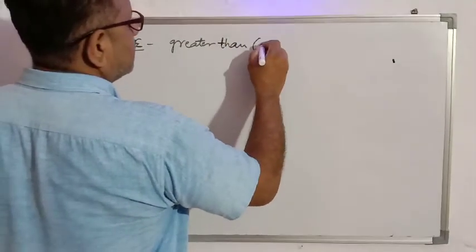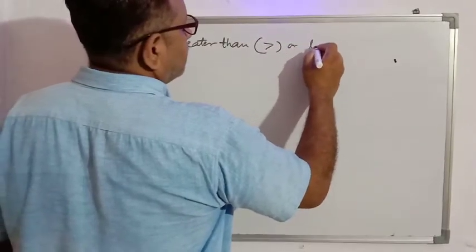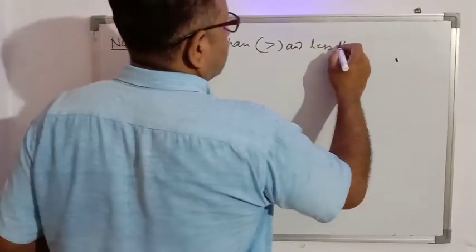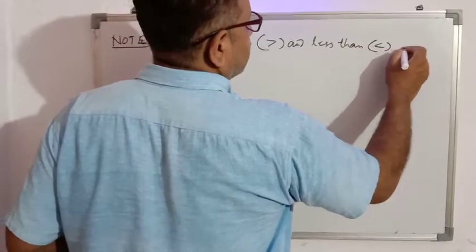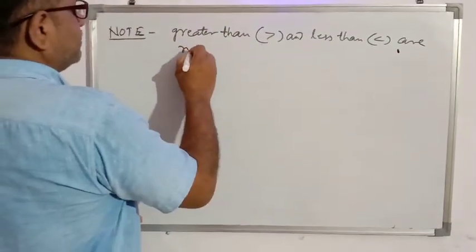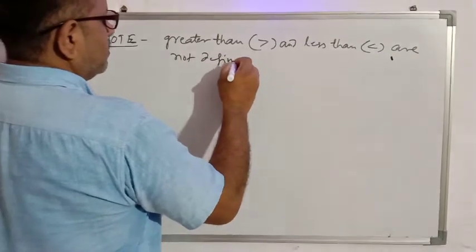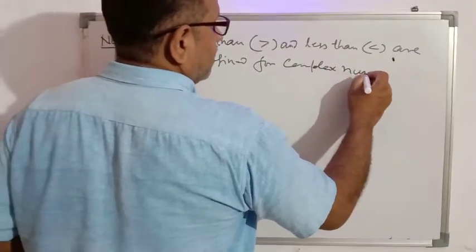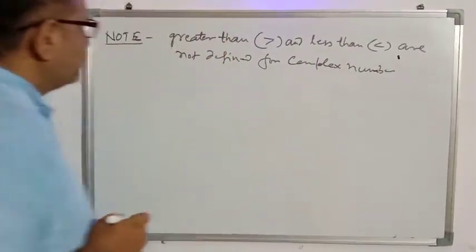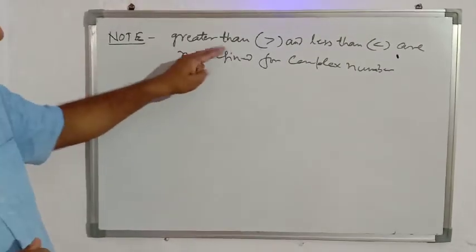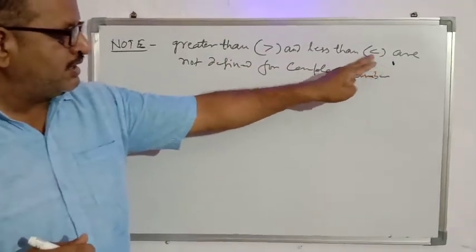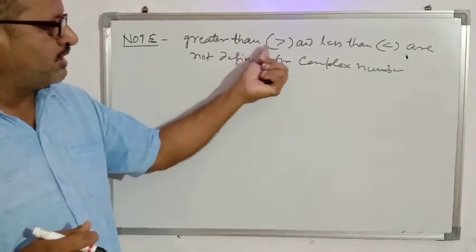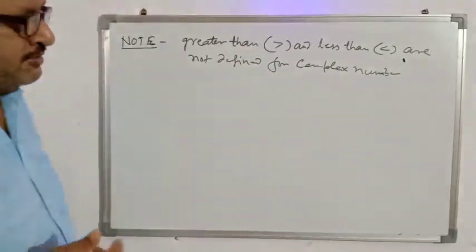Note: the greater than sign and the less than sign, these two inequalities are not defined for complex numbers. It means we cannot compare two complex numbers to say which one is greater or smaller.